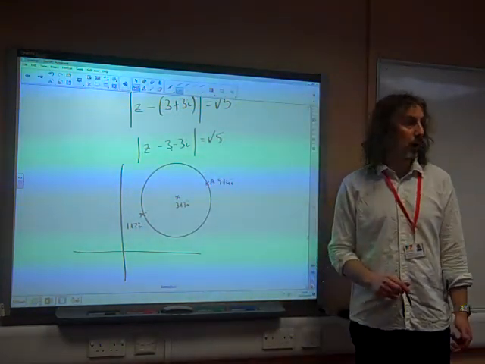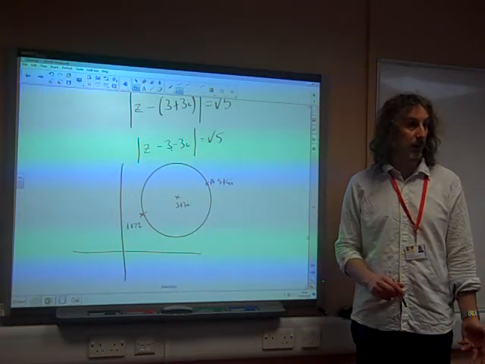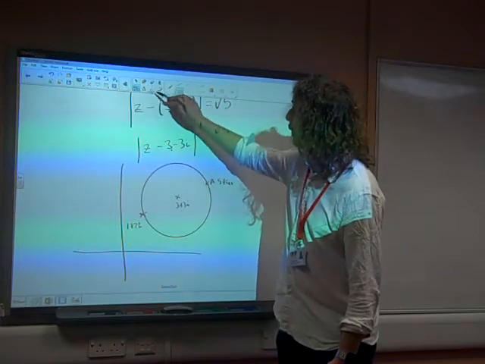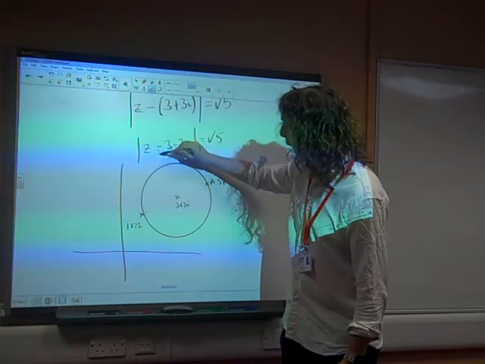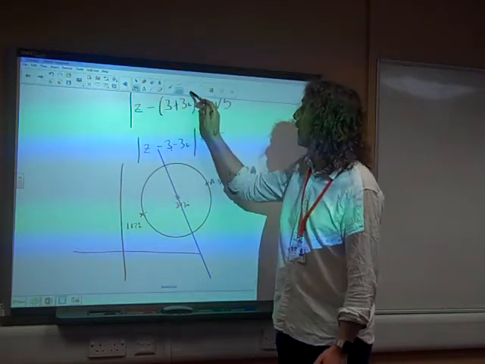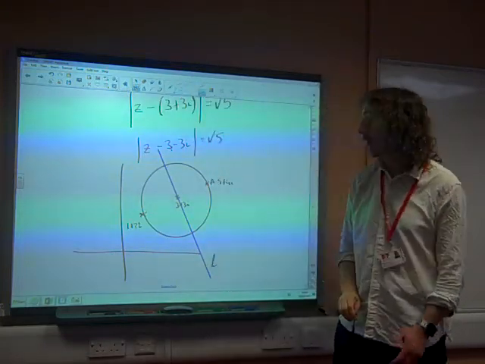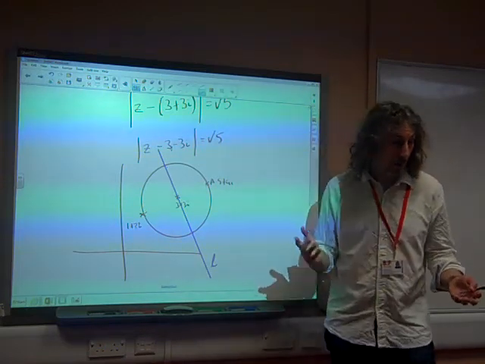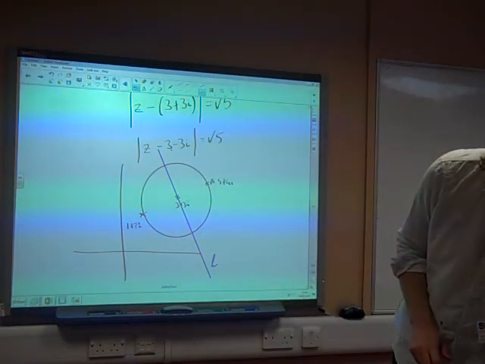And we are looking for our line as the perpendicular bisector of the line AB. So the line L must be a line that goes like that. Okay, perpendicular bisector. There it is. So that's my diagram.